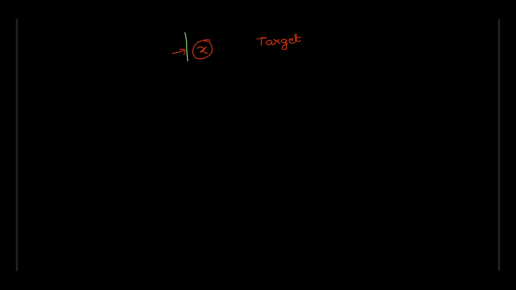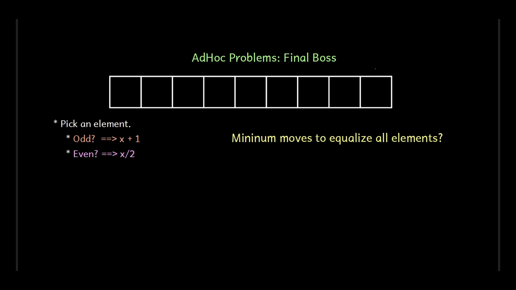Because if we can find out what are the possible target values that we can reach, then maybe we can have some brute force solution where we try out all the possible target values for each element. Time complexity might be bad, that's fine, but at least we will have a correct solution which finds the minimum number of moves. So for each element x, we want to find out what are the possible targets that we could reach.